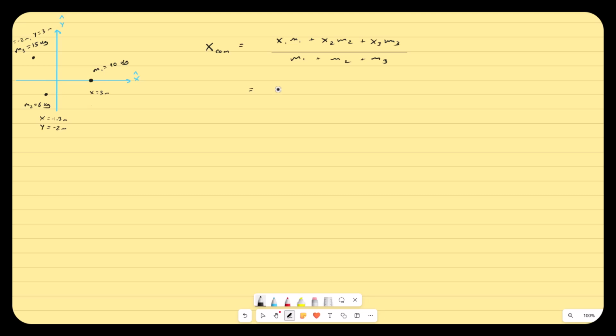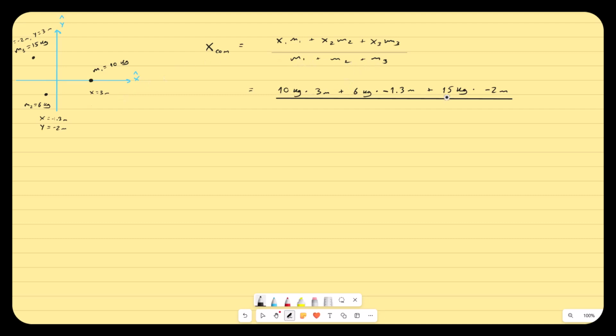So 10 kilograms times 3 meters, plus 6 kilograms times negative 1.3 meters, plus 15 kilograms times negative 2 meters, and I'm going to divide that whole thing by the total mass, right? M1 plus M2 plus M3.